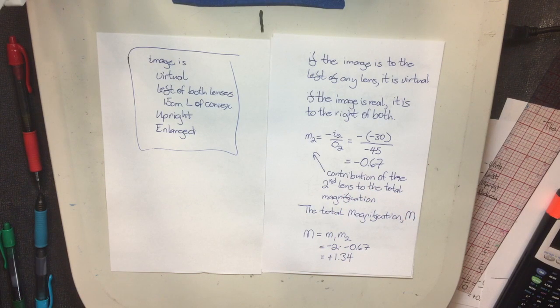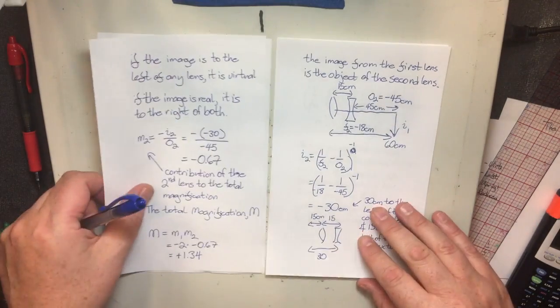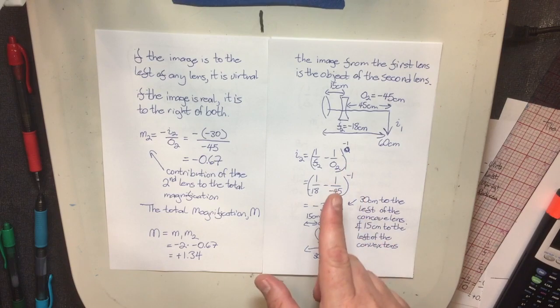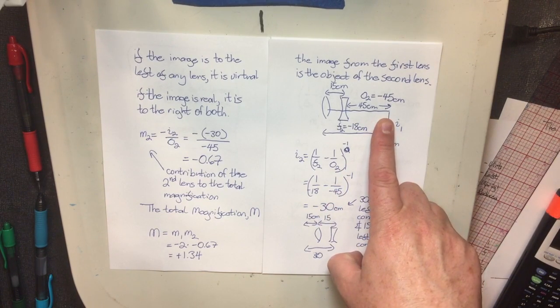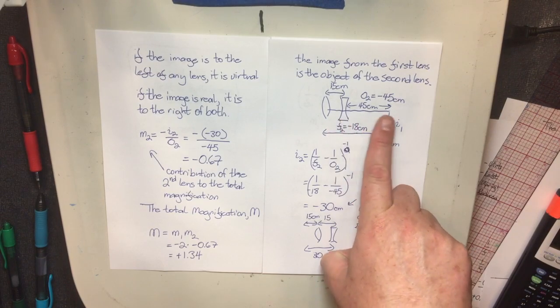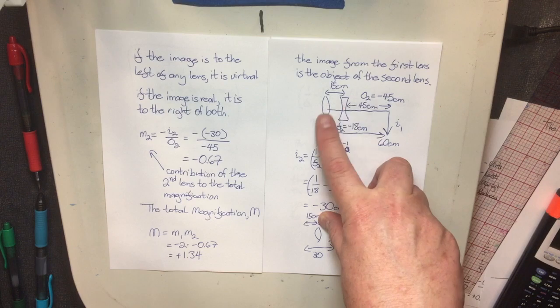Now, there are a lot of permutations to this. You can put all sorts of weird distances and focal lengths and object distances and image distances and all that. But the procedure is still the same. You calculate where this guy is from the first lens. You calculate the new object distance based on the distance between the lenses.